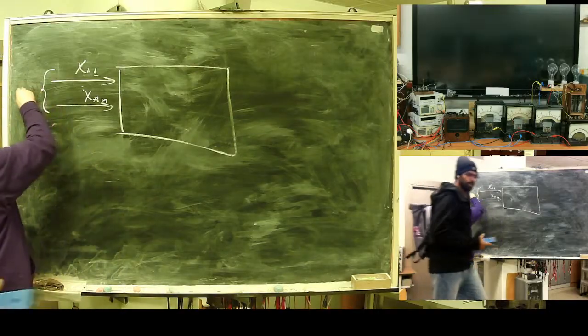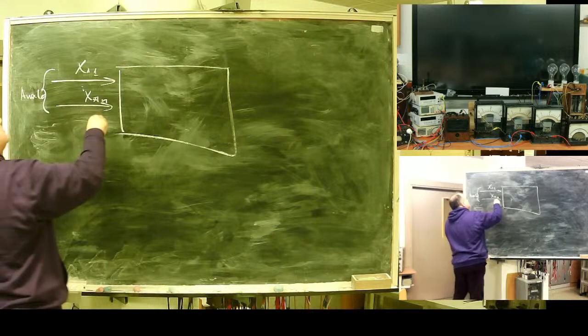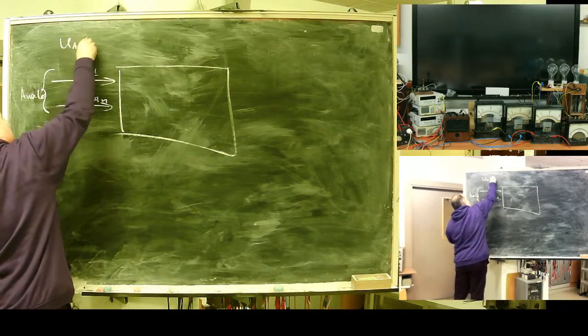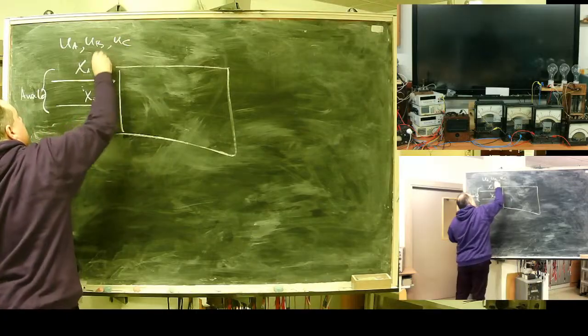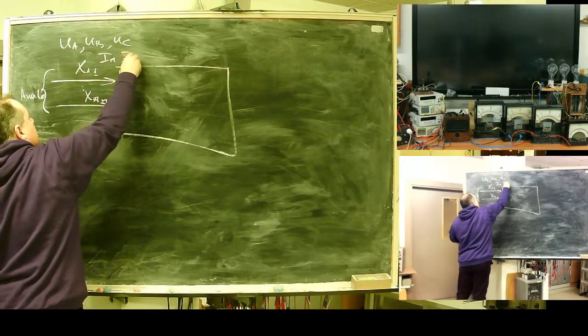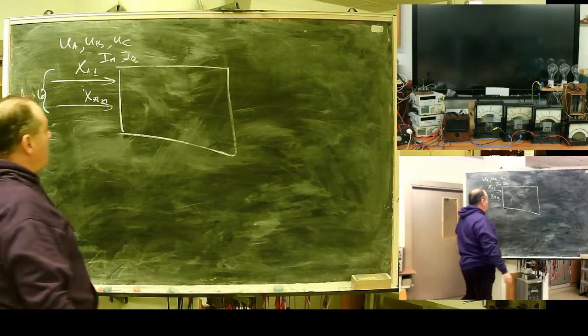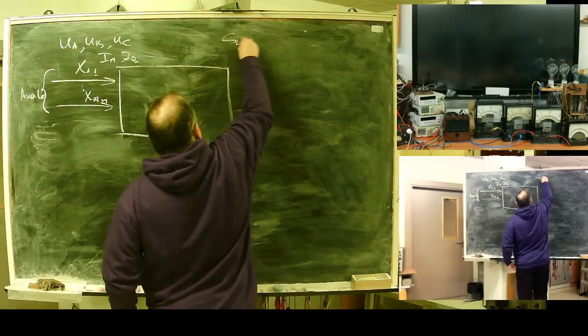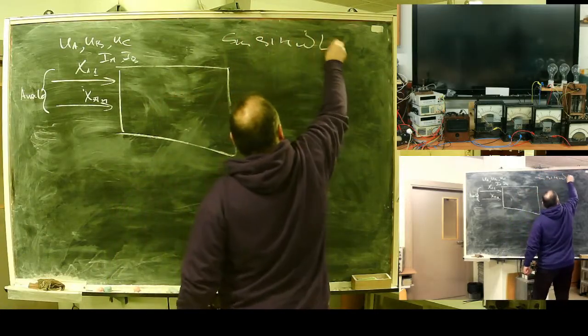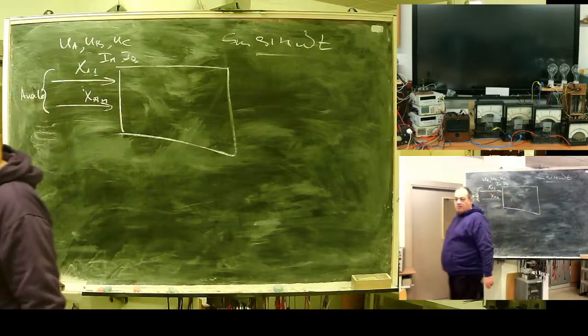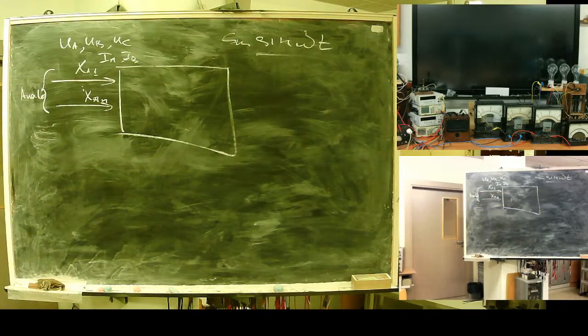This may be UA, UB, UC, IA, IB, and so on. All these values are something like sine omega t: currents, voltages, maybe something from a pressure sensor, temperature.